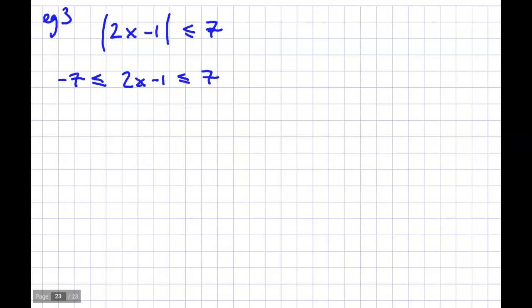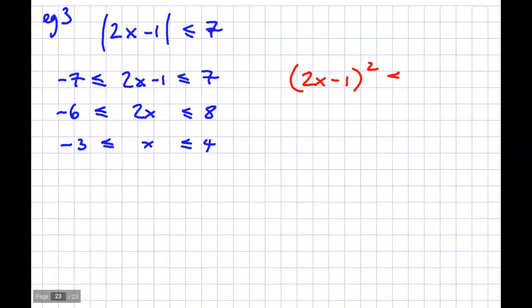If I add 1 to both sides, and halve, I get a solution here where minus 3 is less than or equal to x, which is less than or equal to 4. The alternative method would be that you would take both sides and square them.